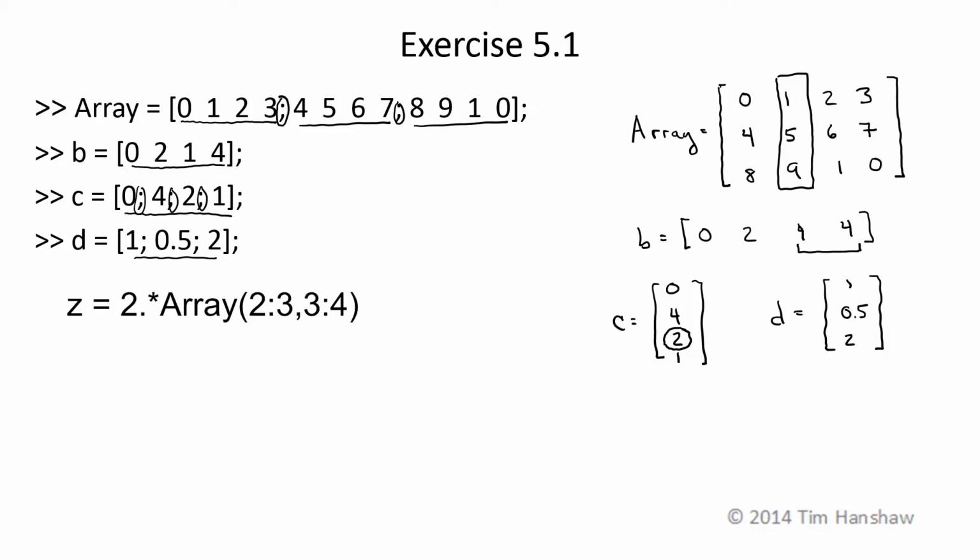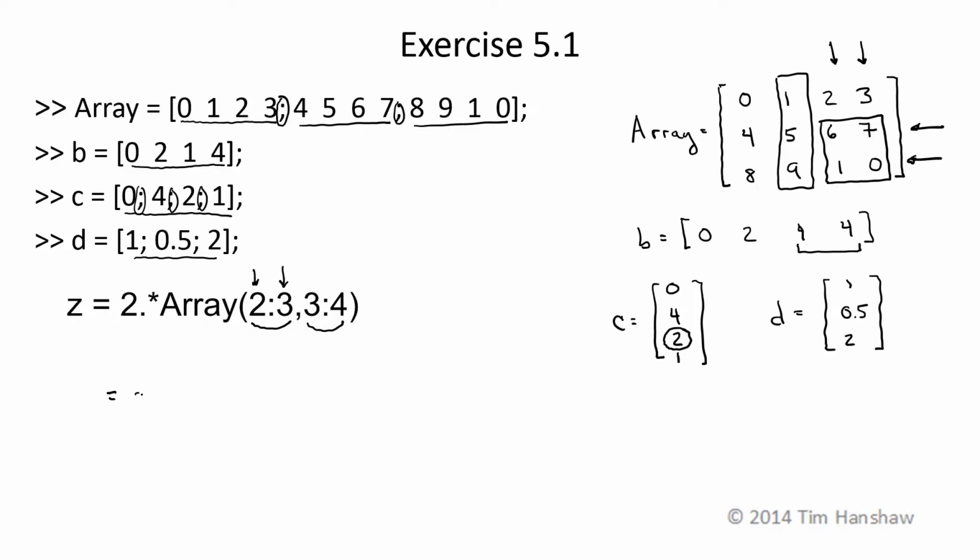Next thing we calculate is z, which is 2 times A of, these are the rows, these are the columns. So this is the starting index, this is the ending index. Since there isn't an increment specified, I count by ones. So I do the second and the third rows and the third and fourth columns. So column 3 and column 4, this is the chunk of numbers that I'm going to pick up there.